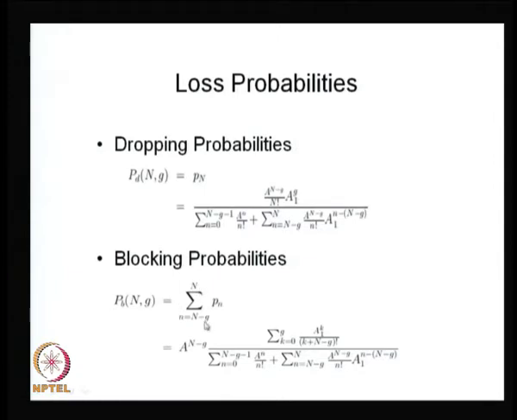Therefore, the blocking probability is the summation from n minus g to N of p suffix n. If we make the summation over the steady state probabilities which we got in the previous slide and substitute those, that will be the blocking probability.